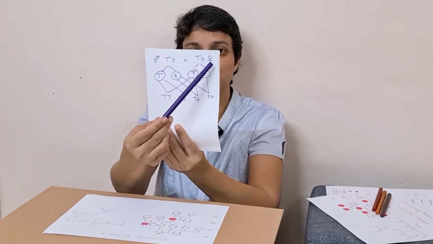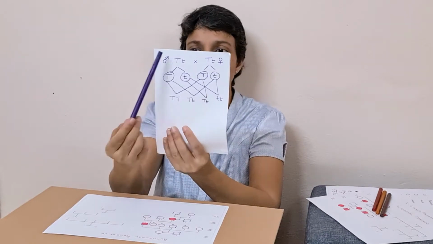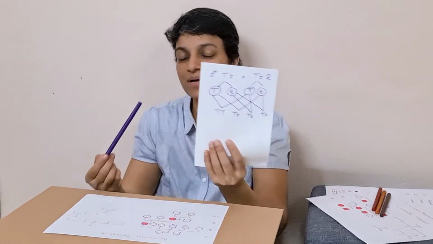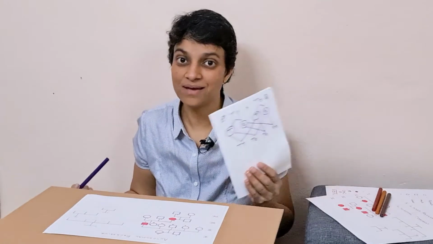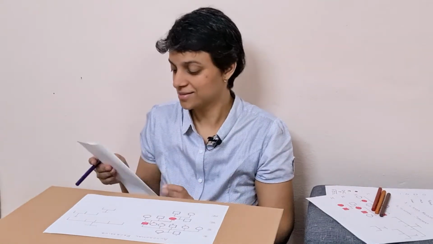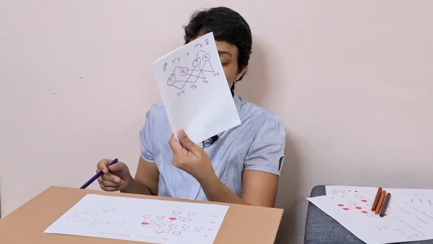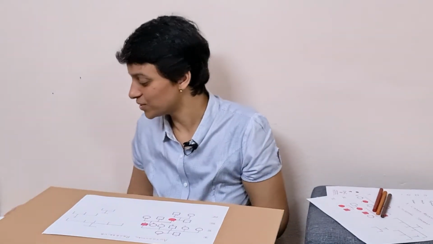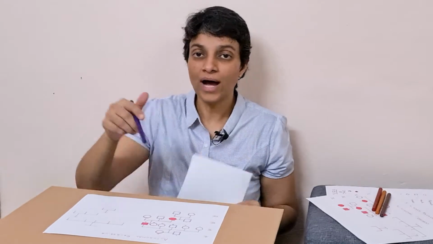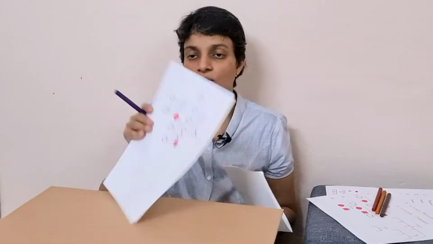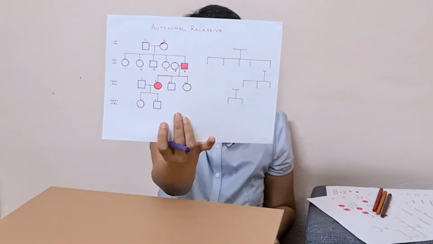So females are represented by the mirror of Venus, and males are represented by the shield and spear of Mars. From the Greeks, these things have been derived. I just thought I'll share it with you. Yeah. To identify the genotypes of these individuals.